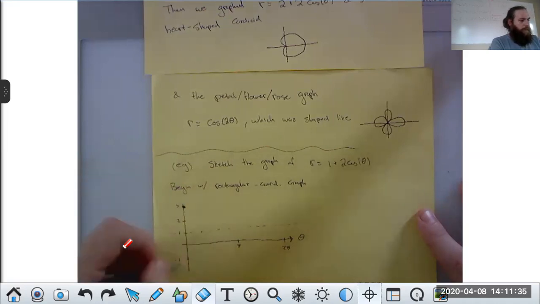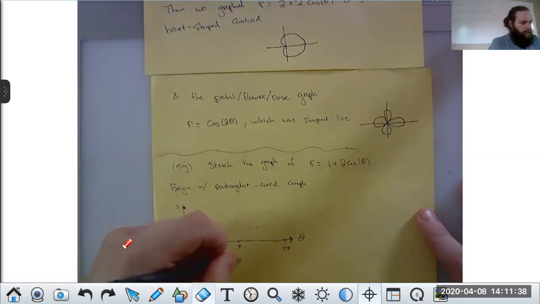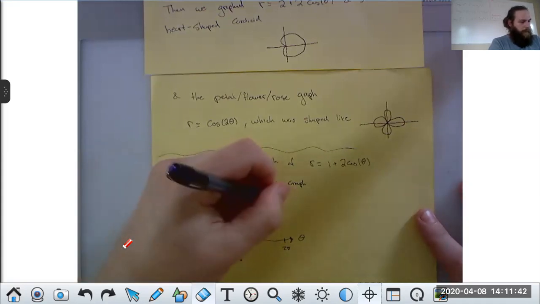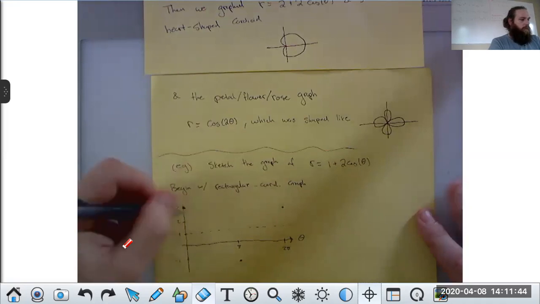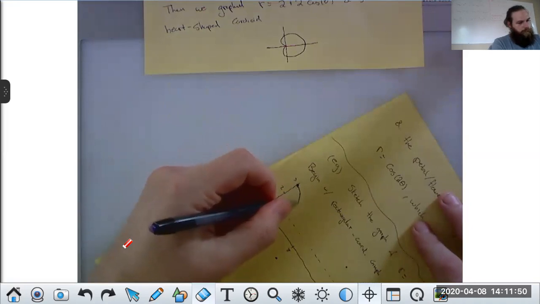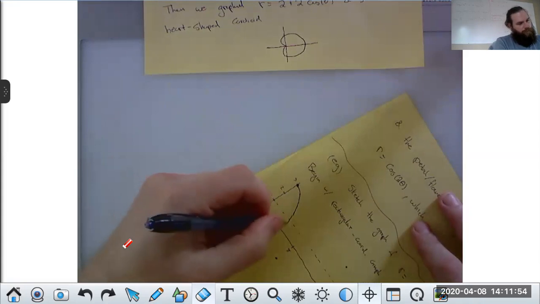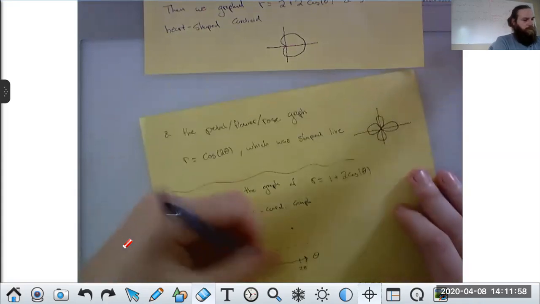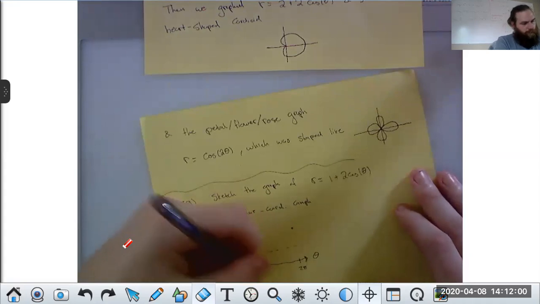And by the time I get to pi, I need to be all the way down at my min, which is here. And then by the time I get to 2 pi, I need to be all the way back up at my max, which is here. So I know that this cosine wave is going to look something, and forgive my bad art, something like this.